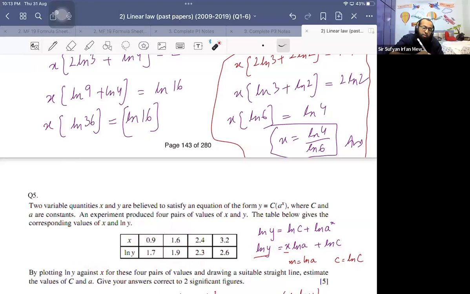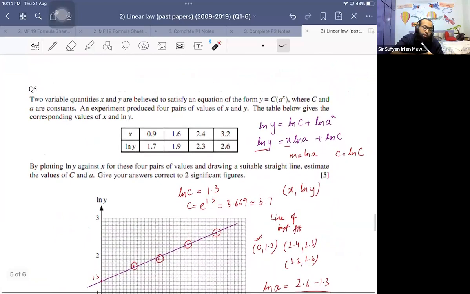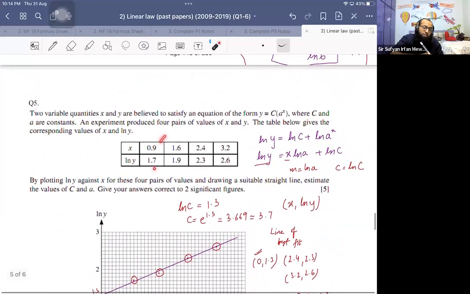So the grid is given to us, x on the horizontal axis, ln y on the vertical axis, and we have to plot these 4 points, 0.9, 1.7, 1.6, 1.9, 2.4, 2.3, 3.2, 2.6. If you are going to plot these 4 points on the grid below, and if you are going to join them, then we'll get a line.